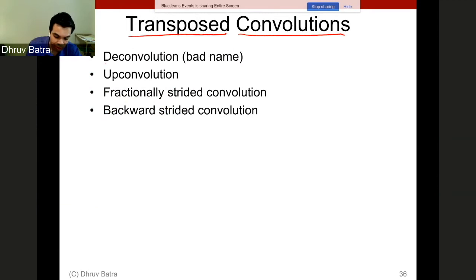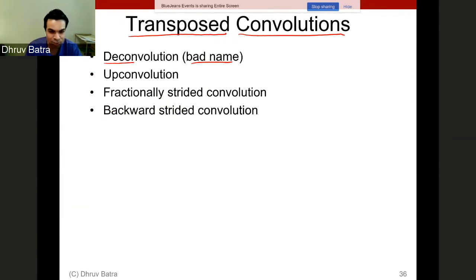So in the literature, you will hear a term called deconvolution, which is a really bad name, because deconvolution is a well understood, formally defined mathematical operation that is not what people mean when they use that term in deep learning. Deconvolution is an operation that is formally defined in signal processing. It existed, and then deep learning people came around, and it was sort of related to that, and then they used that term, but it's not that term.